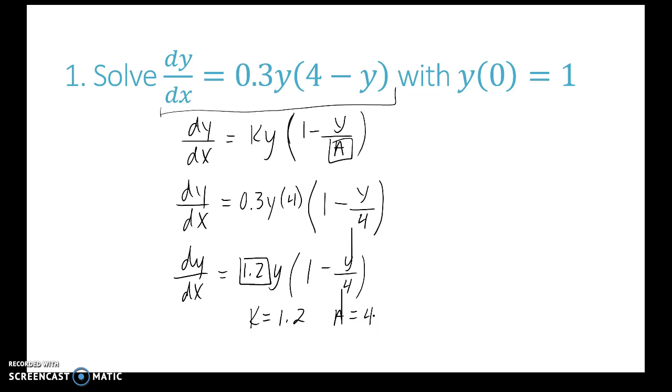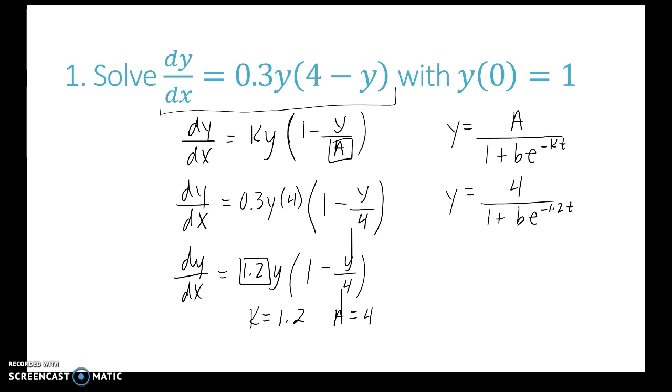Then just simply plugging it into my solution, y equals A all divided by 1 plus B e to the negative k times t. So y equals, my carrying capacity is 4. My value for K is 1.2, excuse me. In the equation, it's negative 1.2.